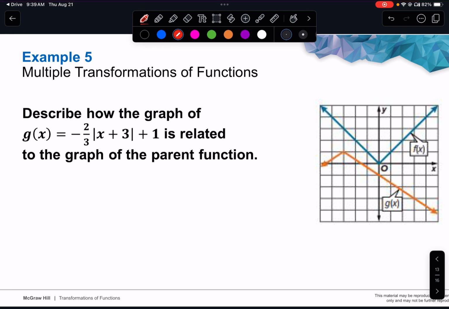Okay, now this is the last thing we're going to do here. We want to describe the translation. The parent graph again is in blue, and then you can see our function there on the left. So what we've done here is we have translated this 3 units left, one unit up.